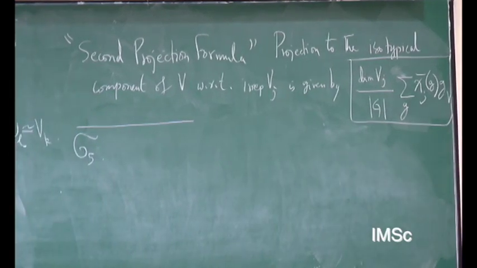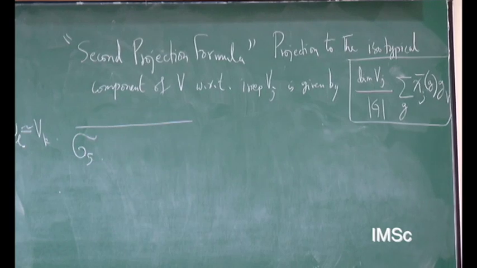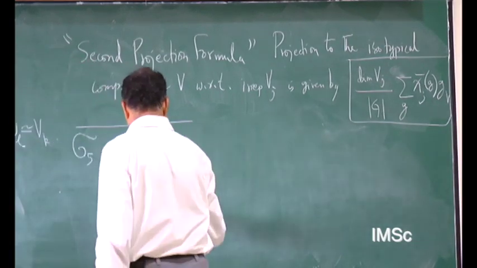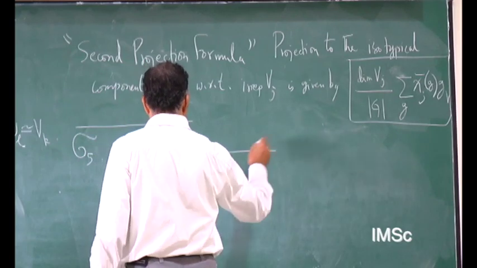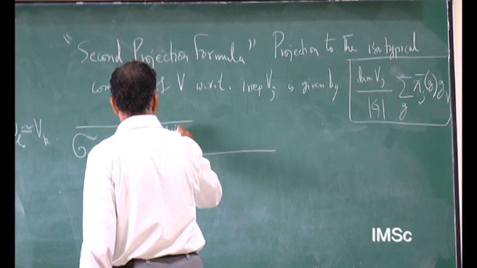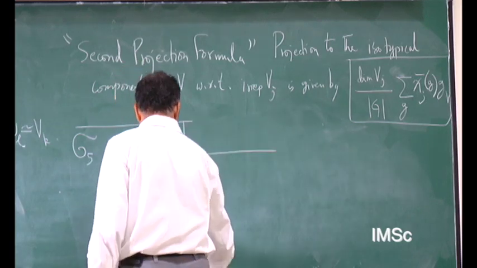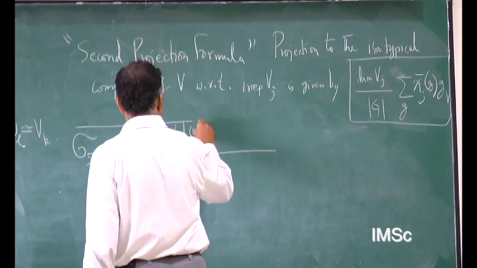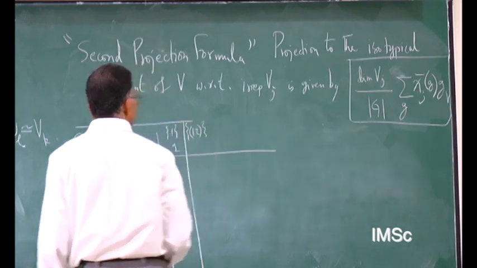How many conjugacy classes does this have? As many as partitions, right? So I'll just write 1 here, and 1, 1, 2.